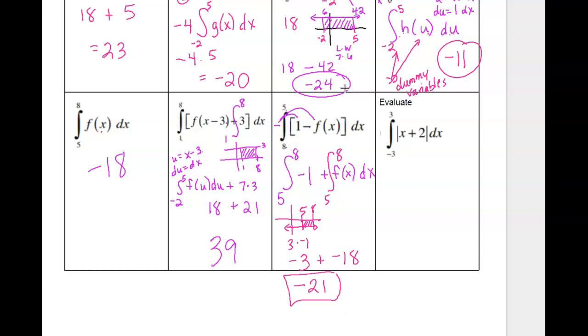All right, my last one. Now, the way absolute value works is geometric area. We need to figure out that shape. So x minus 2, we can find out two different ways. I can take that line, which is up 2, and it's a line with a slope of 1.